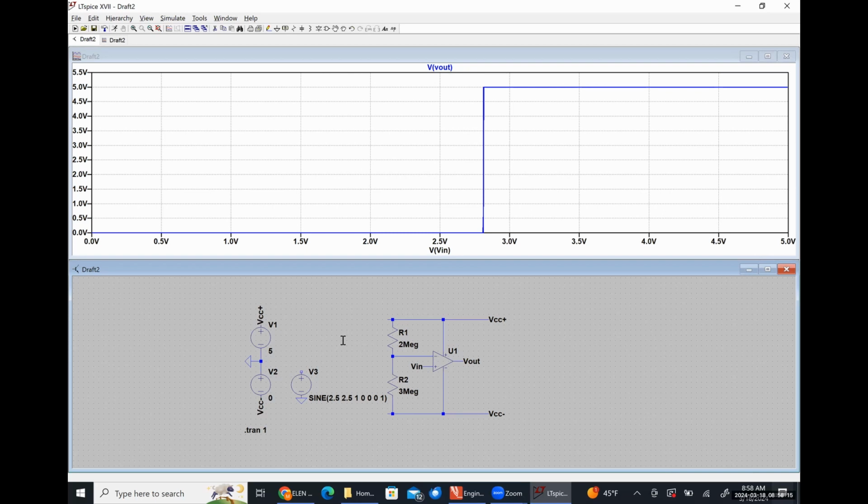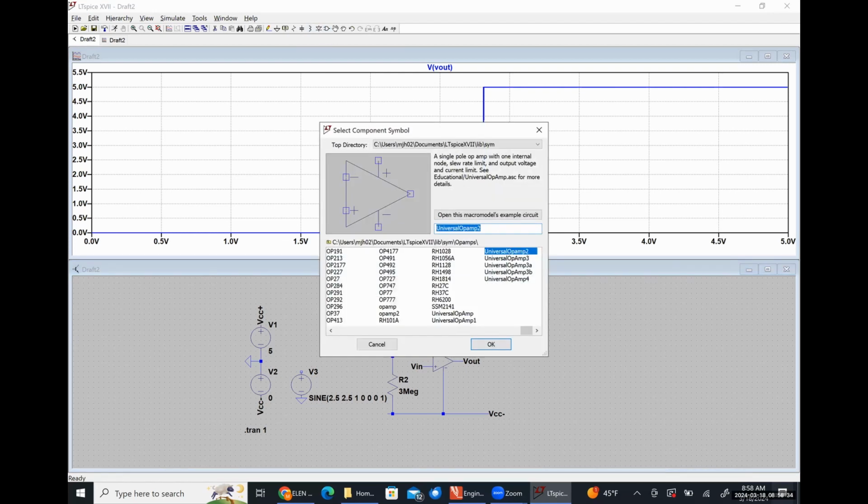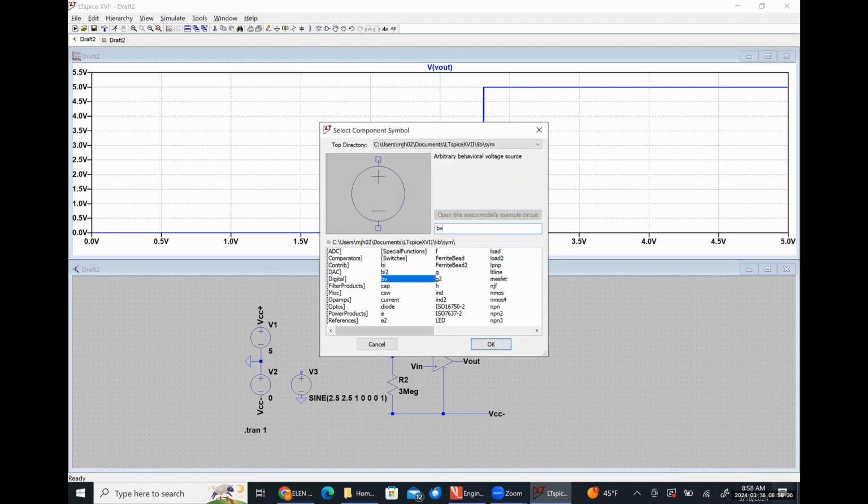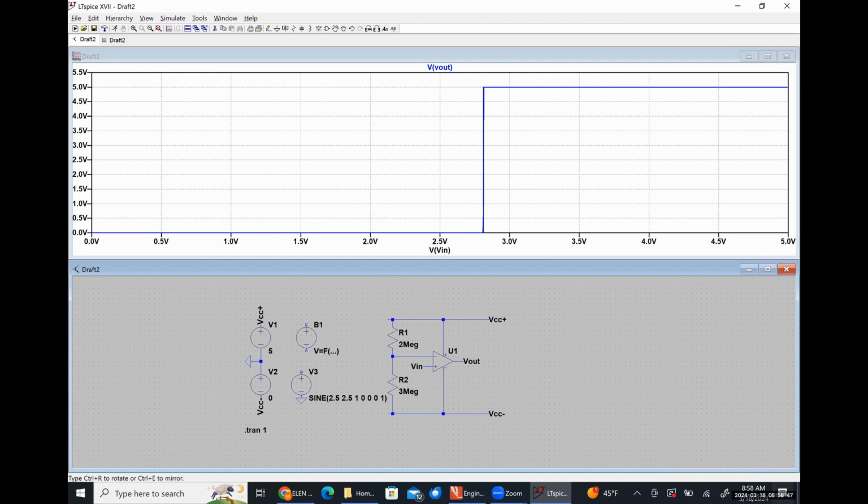So what I'm going to do is add another voltage source. Put it up here. And then I hope I can remember, actually. I think this is the right one. We'll find out in a second.